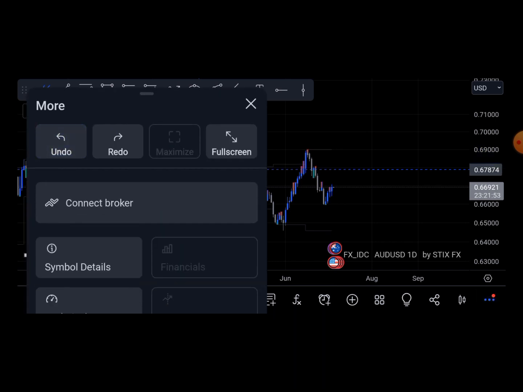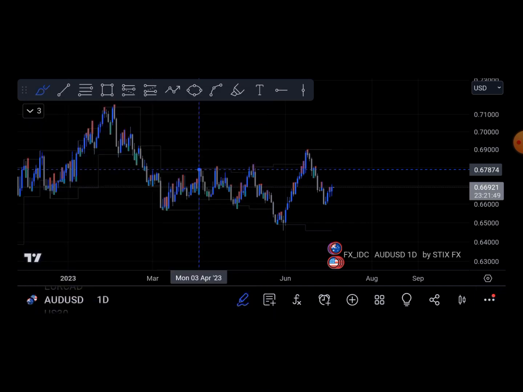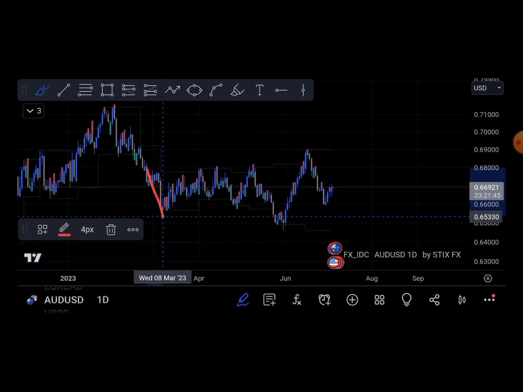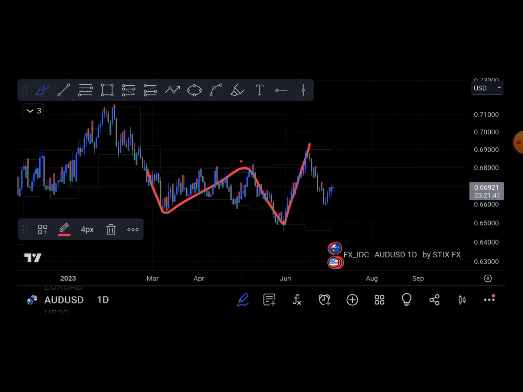So, okay, actually you have a leg to the downside, you have a retracement, and then taking out the low and then taking out the high, because price had generated liquidity above that high. That is why I'm not considering that break as a change of character, but instead a liquidity grab or a stop hunt, whatever you want to call it.